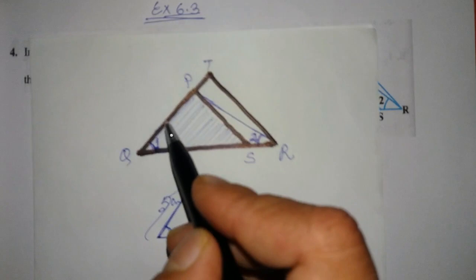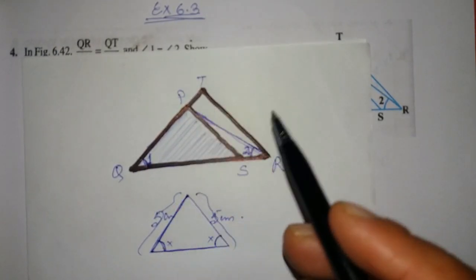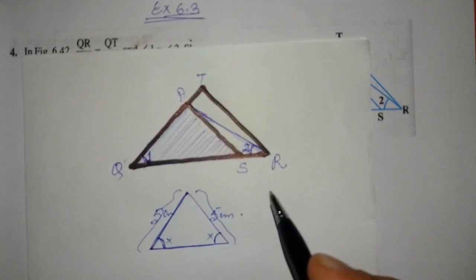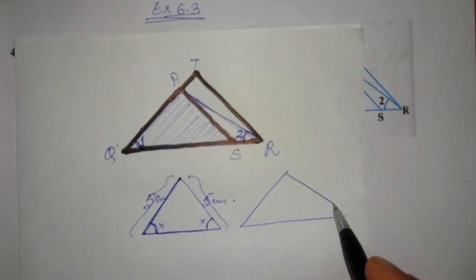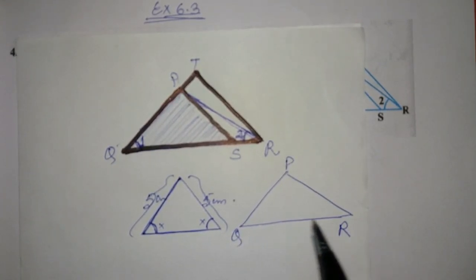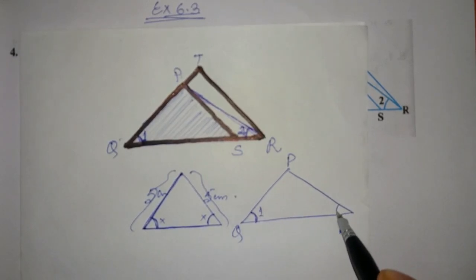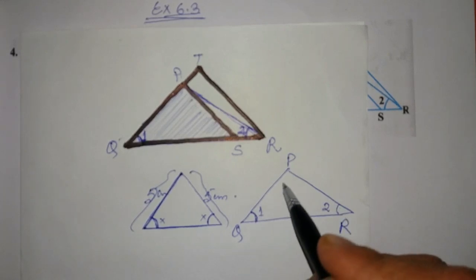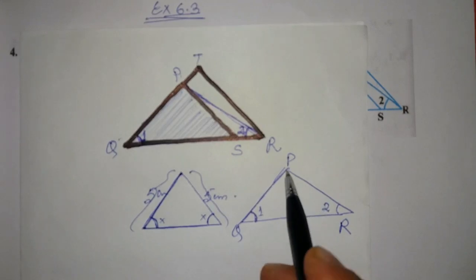So here in our question, in triangle PQR, let me draw it here. This is PQR. In this triangle, angle 1 and angle 2 are equal. So since these two angles are equal, this side PQ will also be equal to PR.